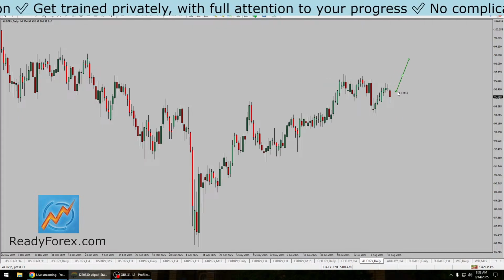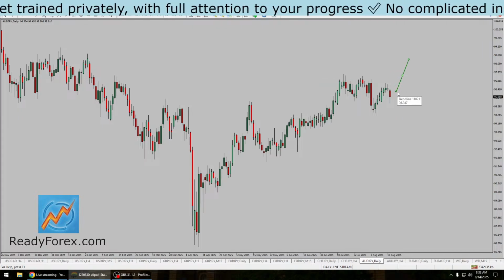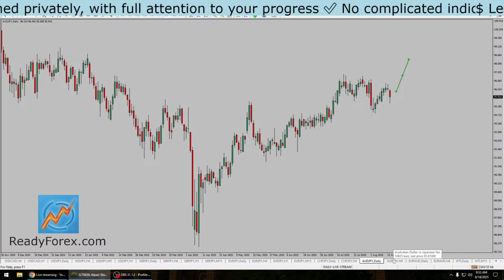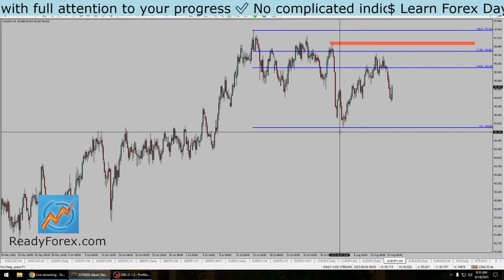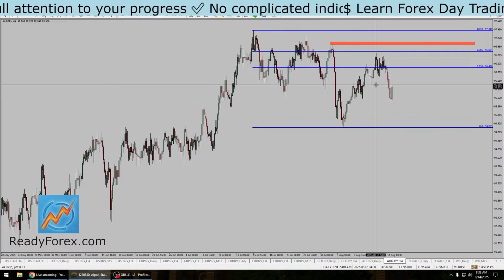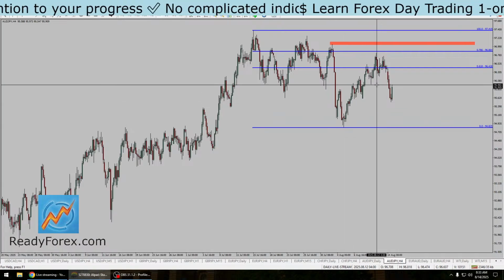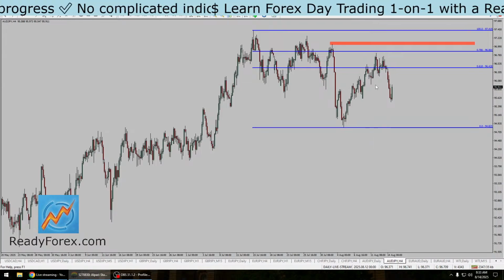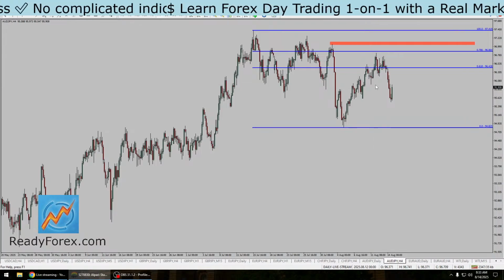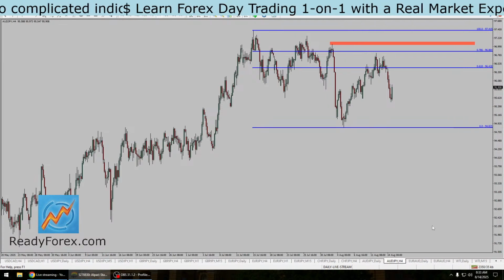AUDJPY, it's trying to turn sideways over here. Yes, this was a breakdown over here, a retest. I would prefer to look for short-term sell trades inside the AUD versus Japanese yen currency pair.